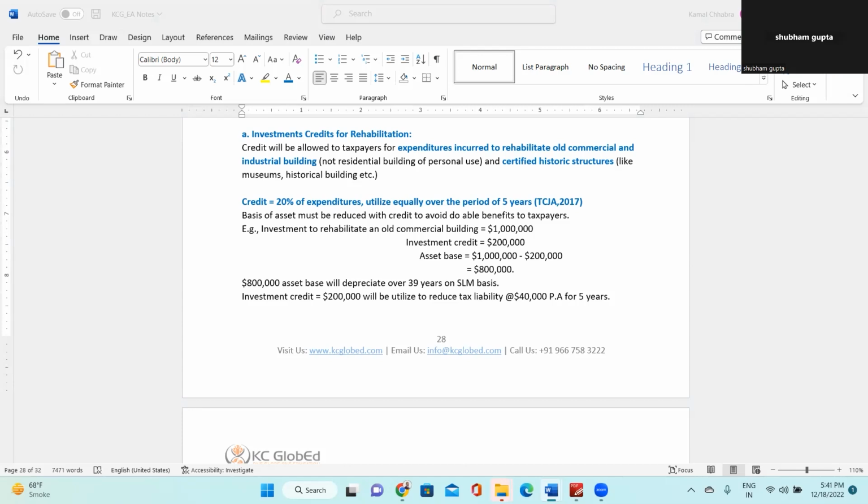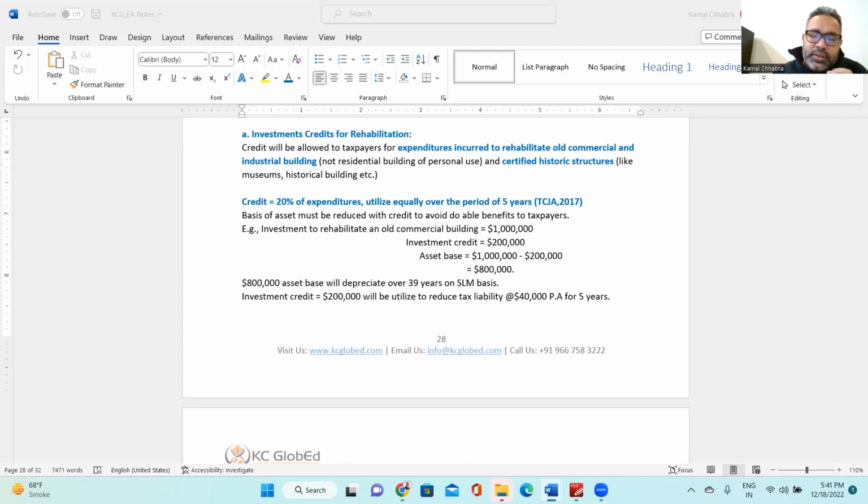Commercial and industrial building. Yes, commercial and industrial building or certified historical structure. If you are making expenditure on the rehabilitation of old commercial buildings, industrial buildings, or historical structures, then only this investment credit for rehabilitation is allowed.